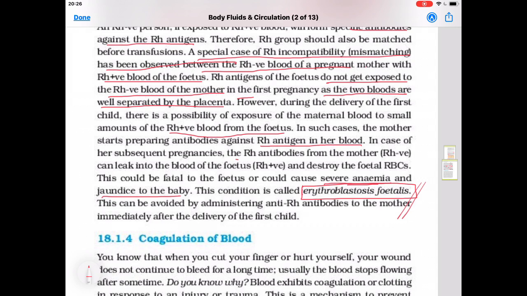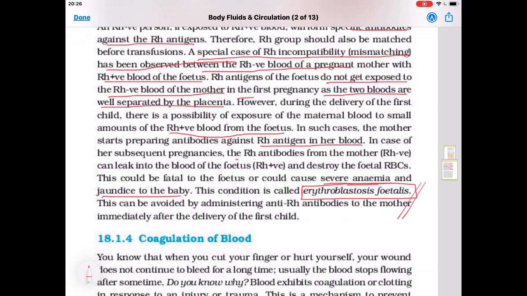Now the mother's body has prepared antibodies against that Rh factor. So in the subsequent pregnancies, if again the fetus is Rh positive, then the mother's antibodies can kill the RBCs of the fetus and can cause jaundice or anemia.